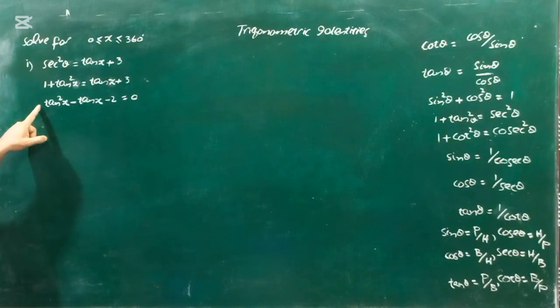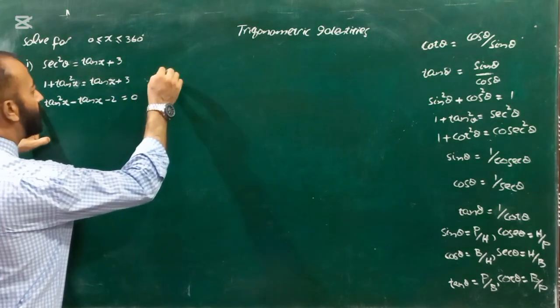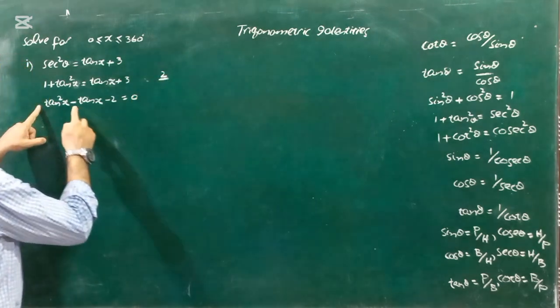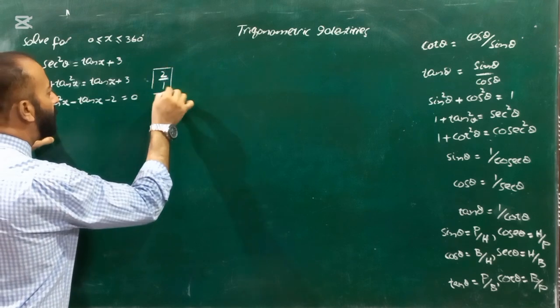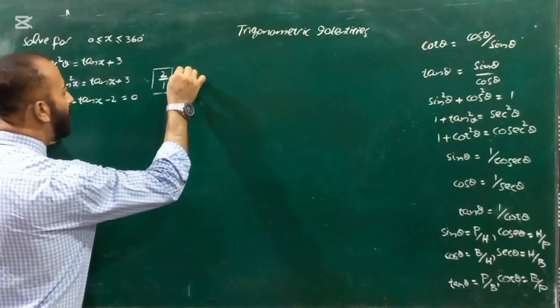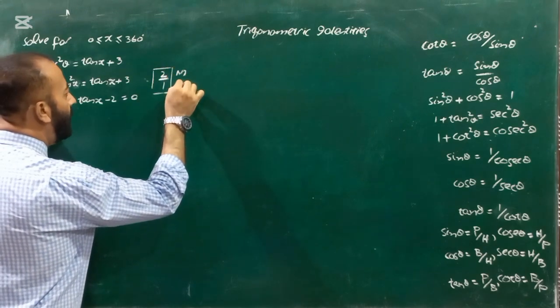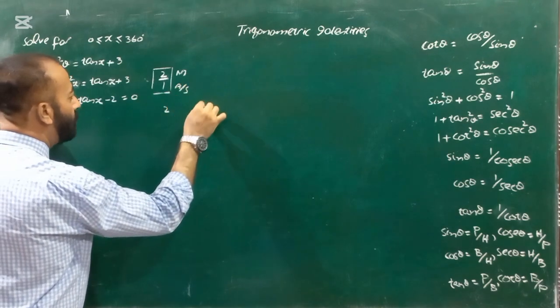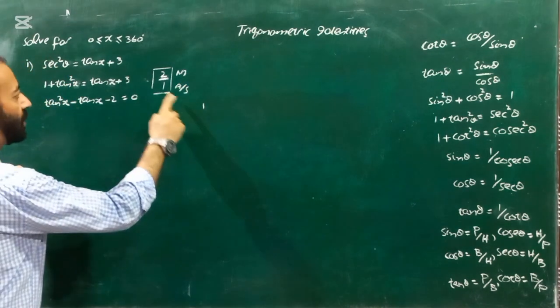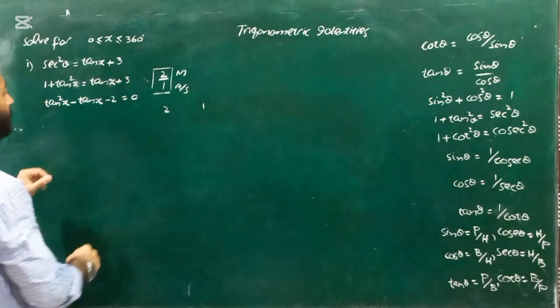So multiply the coefficient of the first term with the last one, that is 2, and the central coefficient is 1. So we have to think of a pair of numbers whose multiplication is 2 and whose subtraction is 1. So these are 2 and 1, because 2 times 1 is 2 and 2 minus 1 is 1.